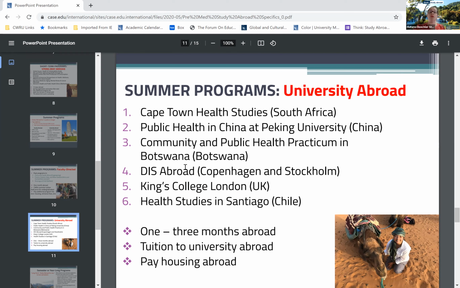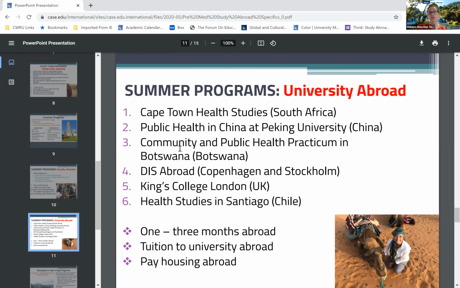When you do a summer at a university abroad, you pay tuition, housing, and any other fees directly to the institution abroad. So these vary in price. You should come in for a study abroad advising appointment, and we can talk through some of these. Again, this list that we're going through are the programs that have clinical exposure.